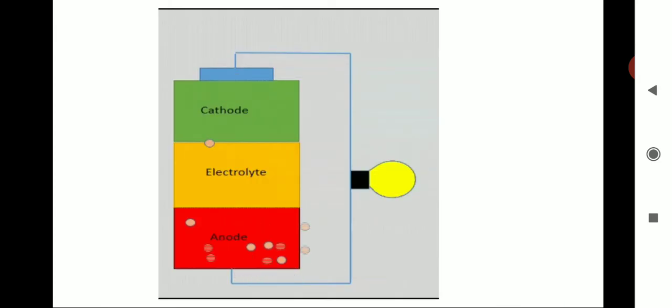Okay, now the battery provides energy to the electrical appliances, but the battery must supply the energy continuously to the devices in the circuit.